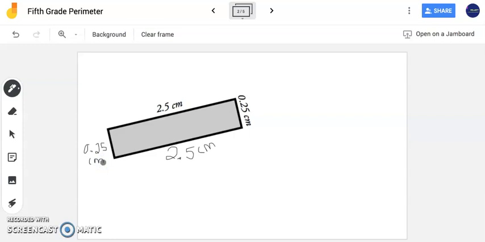Now, when I'm dealing with fractions, decimals, or maybe larger whole numbers for my perimeter, I like to take it into a few steps. So the first thing I'm going to do to find my perimeter is I'm going to add my 2 lengths. So I have 2 5/10 plus 2 5/10. And notice when I'm adding my decimals, I'm lining up every digit. The digits in my tenths place are on top of each other.